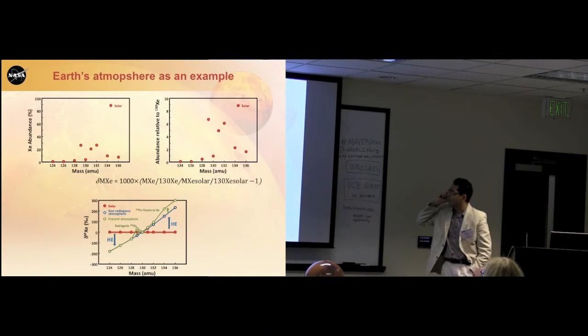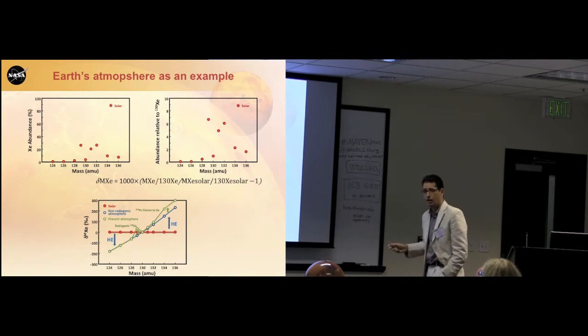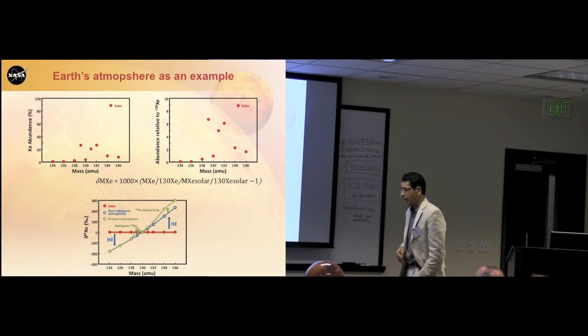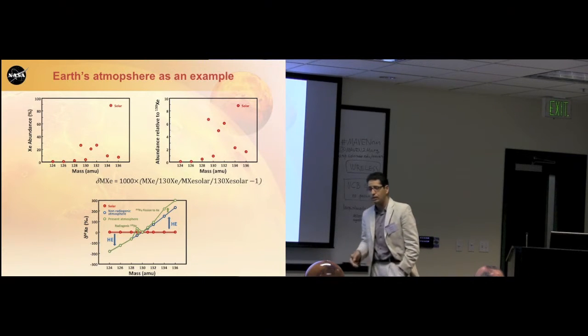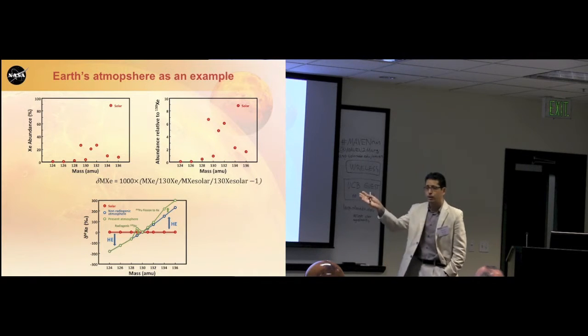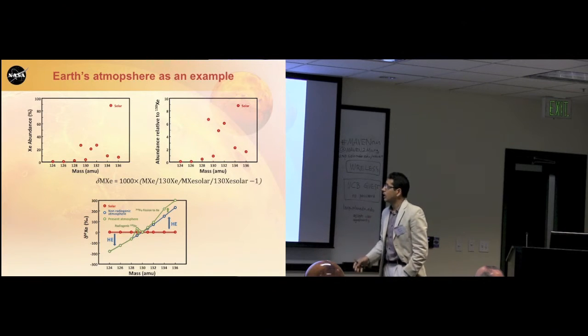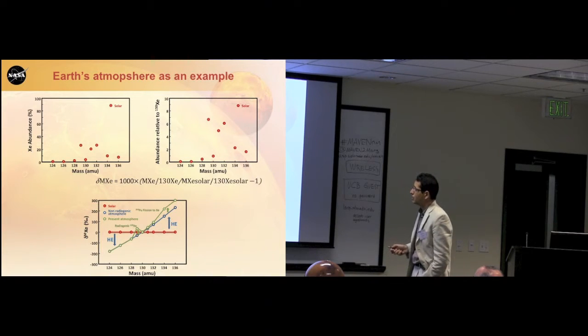So just to take an example of how this works, I took a very simple example for xenon. Xenon is a noble gas, and noble gases have the merit of being chemically inert. So you don't have to worry about all the chemical processes that may alter what you're looking at. Xenon has dozens of isotopes that range from mass 124 to mass 136.